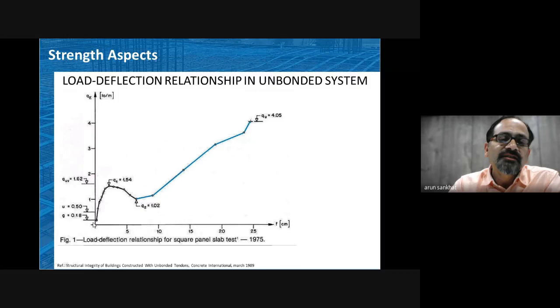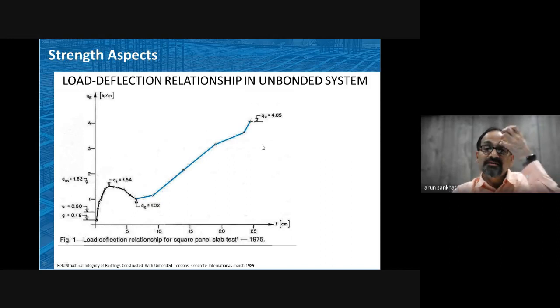So this is generally the system we follow in case of a bonded PT system up to here. But in case of an unbonded PT system, it follows the same thing up to the failure point, and then it again increases the load carrying capacity as well as the ductility, and it fails here.